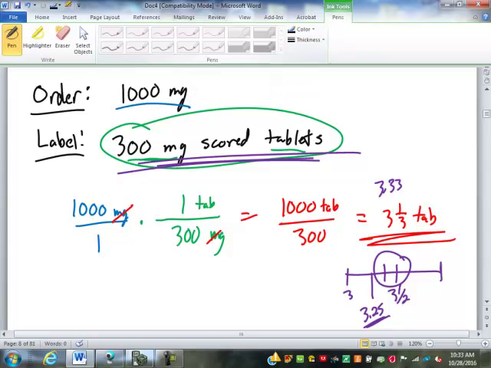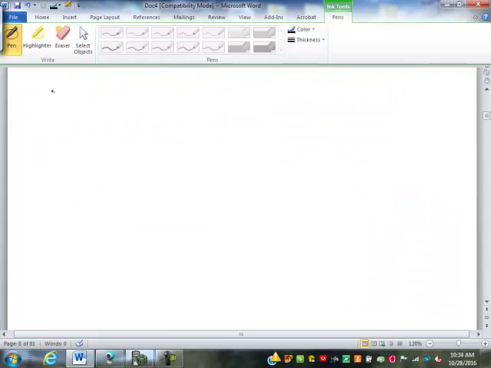So I want to start out today with some more examples of this. Maybe step it up just a couple of notches at times. But let's take a peek here. We have an order for 0.15 grams of acid.